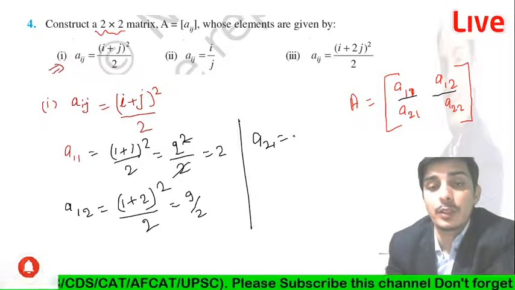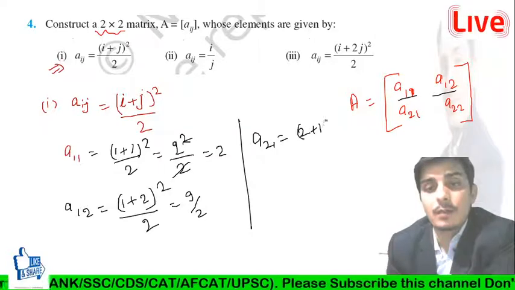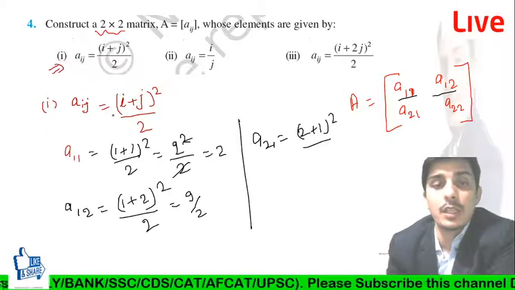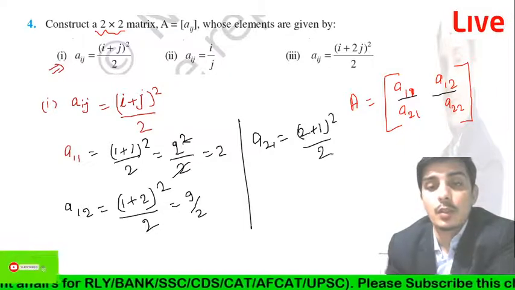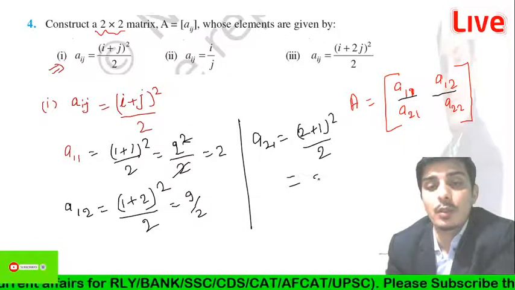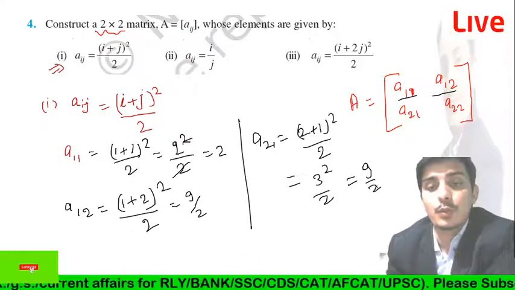So we find (2 plus 1) whole square, because here i is equal to 2 and j is equal to 1. So (2 plus 1) whole square equal to 3 square by 2, so 9 by 2, right?